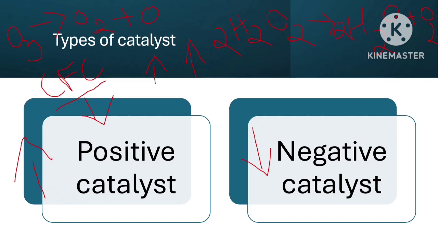Now 4 hydrogen atoms here, also 4 hydrogen atoms here. Here there are 4 oxygen atoms. Here 2, here 2. Now the equation is balanced.